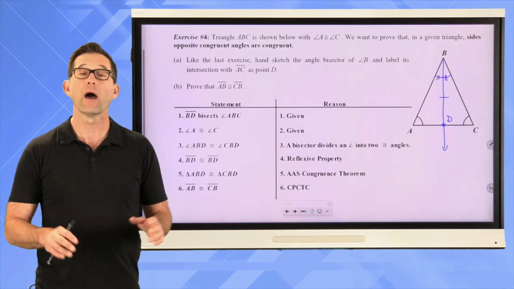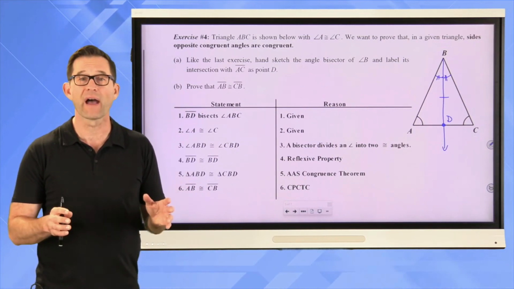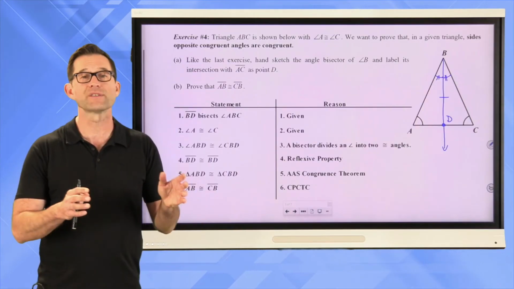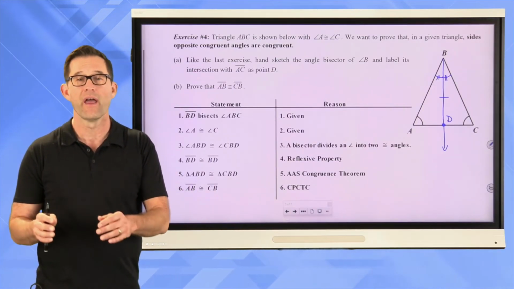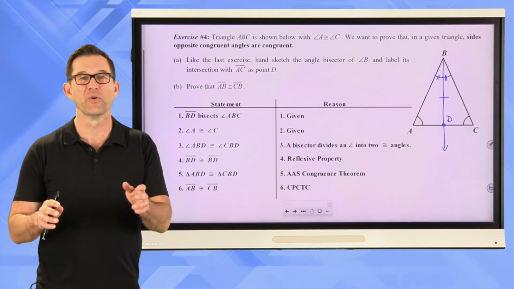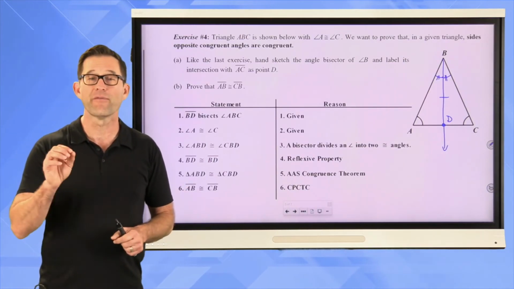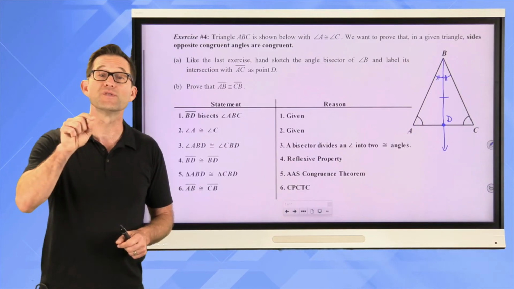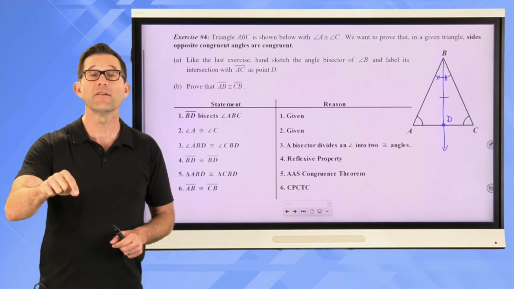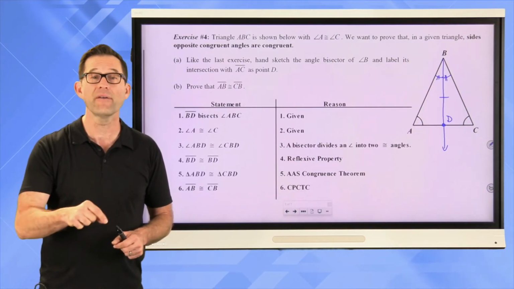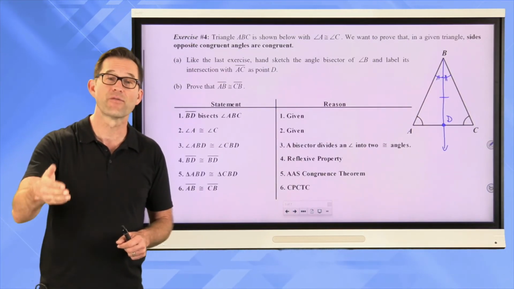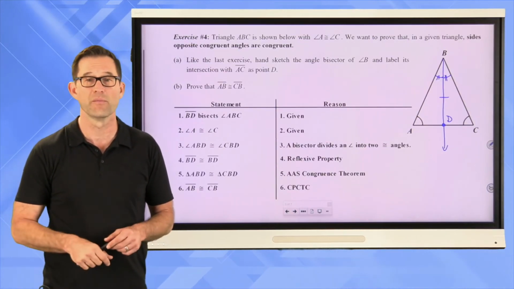Now, both of these facts, the fact that angles across from congruent sides are congruent and sides across from congruent angles are congruent in a given triangle, are now facts that we've proved, and so you can use those two facts in further proofs. In fact, you will have to use those two facts in further proofs, and we'll see that as we move on.